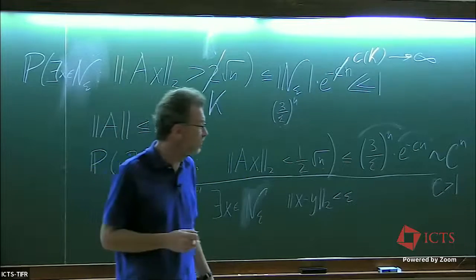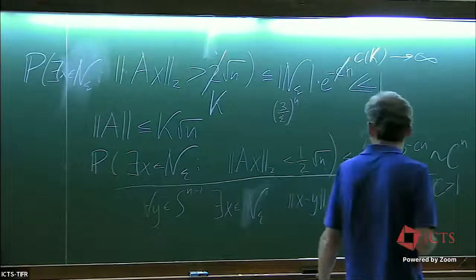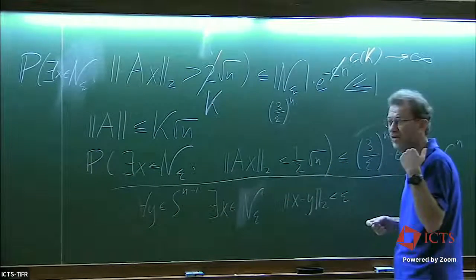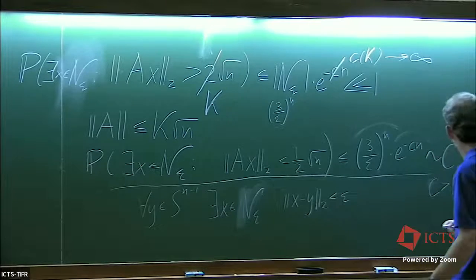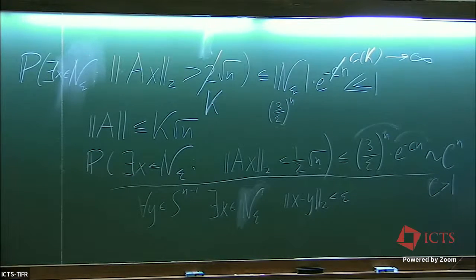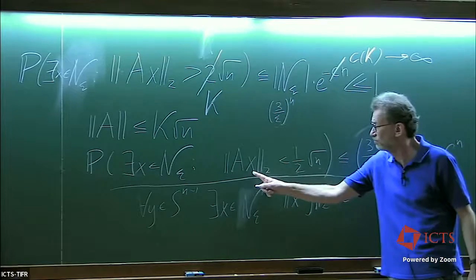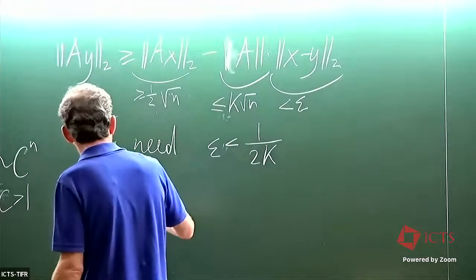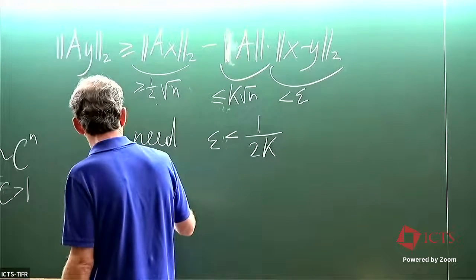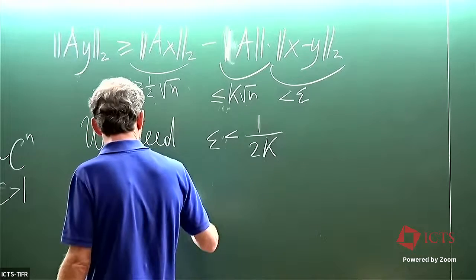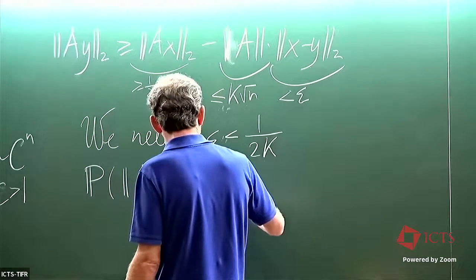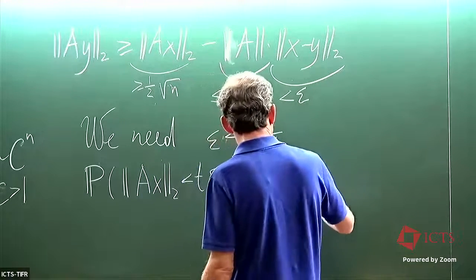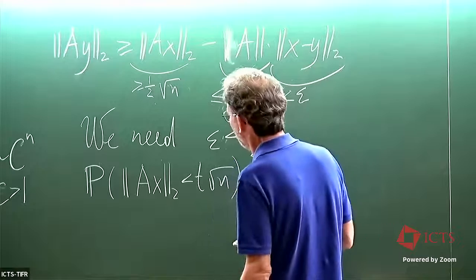But if I do it, the best I can hope for is this: say the entries of the matrix A are IID normal, and then the image of any vector is a standard Gaussian vector, and I can write that the probability that the norm of AX is less than T square root of n is less than or equal to some constant times T to the power n.